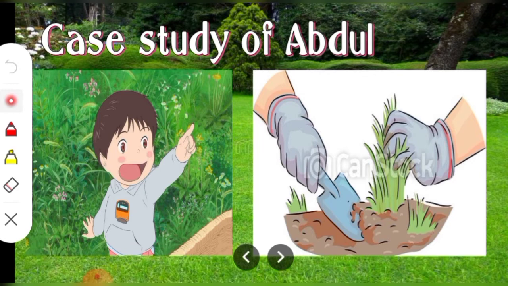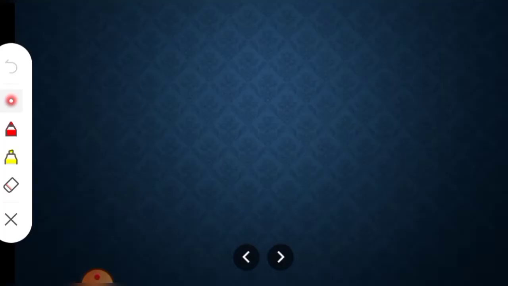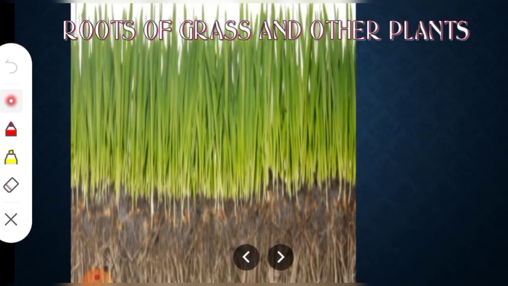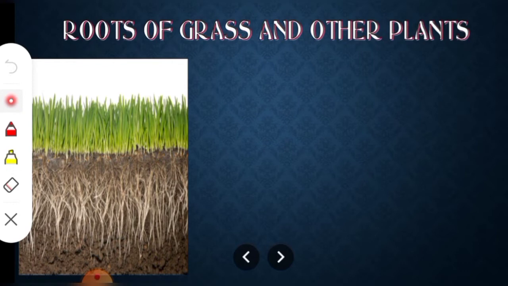Okay, we are going to discuss different types of roots and especially about the roots of grass which Abdul was observing. Okay, do you know how the roots of grass look? Have a look at this picture.